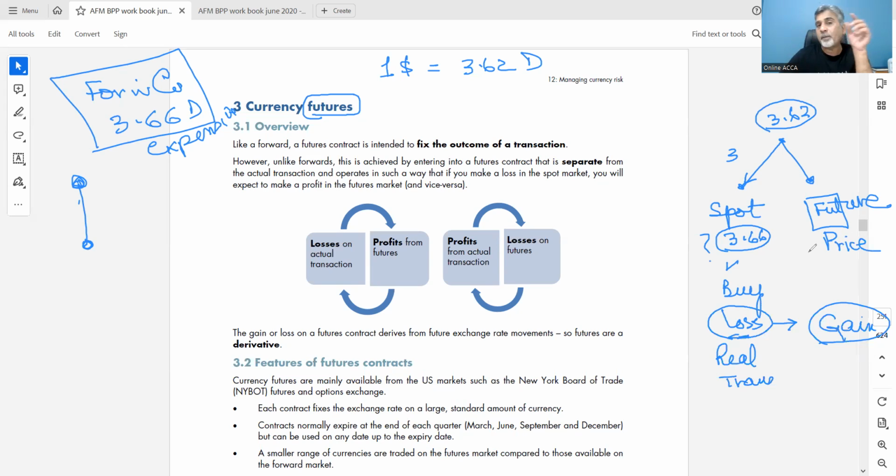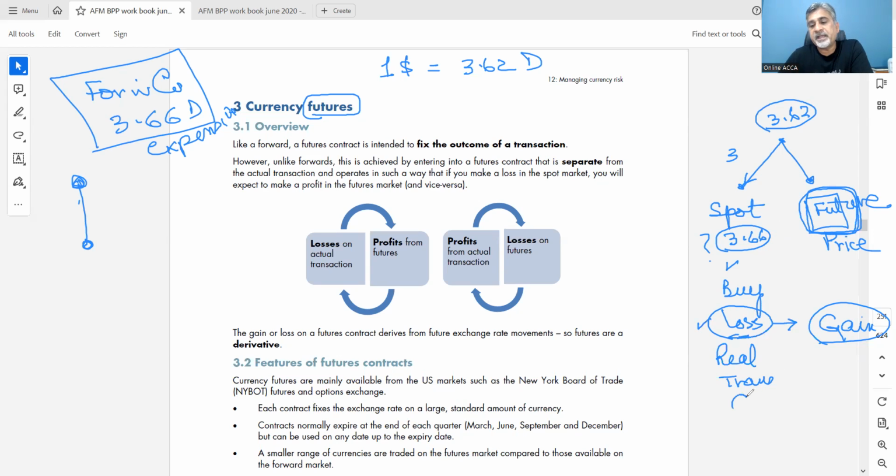Now we go back to the option pricing model, Black-Scholes. So there is a price of this future contract. It is a piece of paper which gives me a right. Actually, it's a future, so it's not a right. When I talk about the future, it's an obligation. You have to execute it. So I will make a loss here and I will make a gain on the other side.